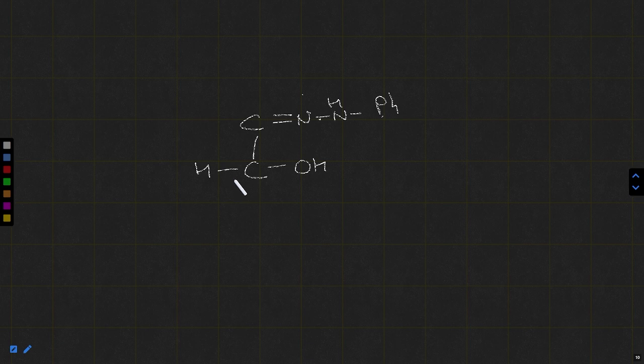So how will this reaction take place? So next what will happen? So I am writing it as R. This will go here. There will be an interproton transfer. Interproton transfer will take place. There will be a double bond and N negative charge. H will come here.